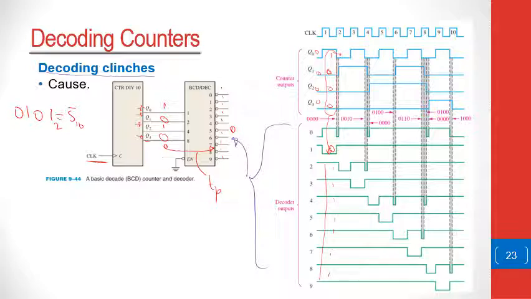It's an active low decoder. Now, when this 0 changes to a 1 in the next phase, because it takes a finite amount of time, there will be a time whereby the output here has not reflected on the input.